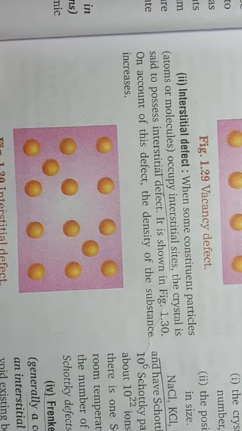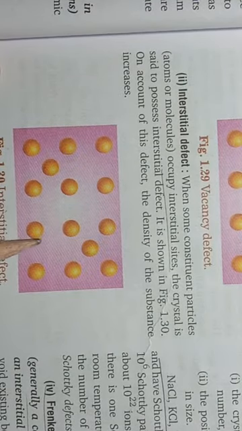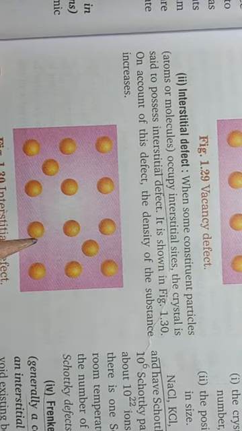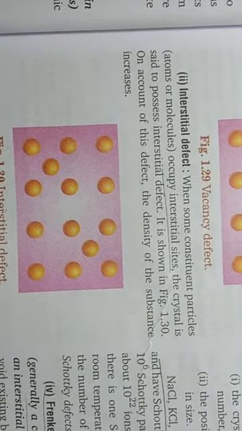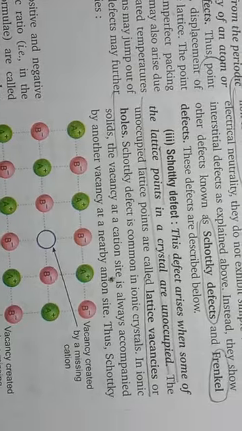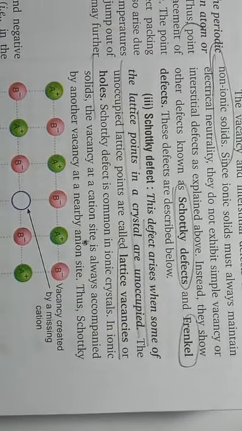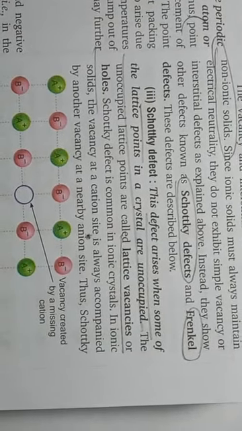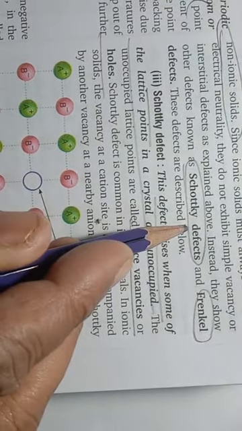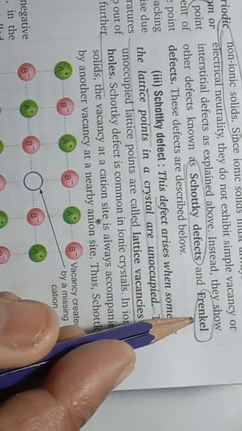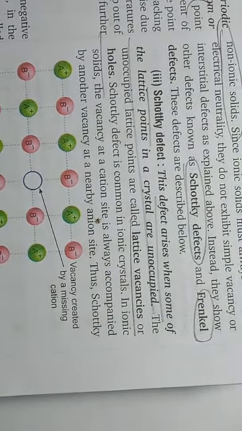Okay, students, so the vacancy and interstitial defects are shown by non-ionic solids. But if similar types of defects are shown by ionic compounds, then these defects are known as Schottky defects and Frenkel defects respectively.